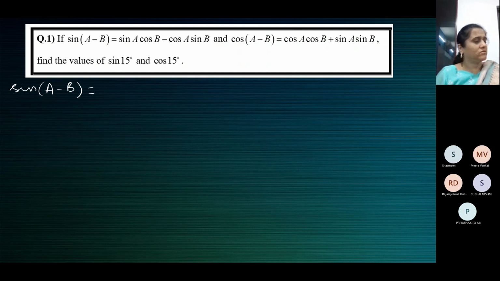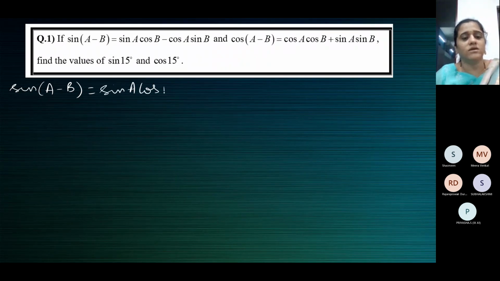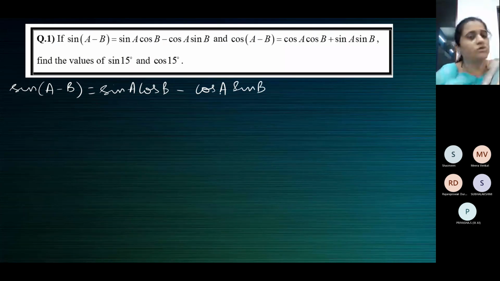So like that, you have a trigonometric formula here. Sine of A minus B is equal to sine A cos B minus cos A sine B. This formula is given to you. Using this formula, you should find sine 15.